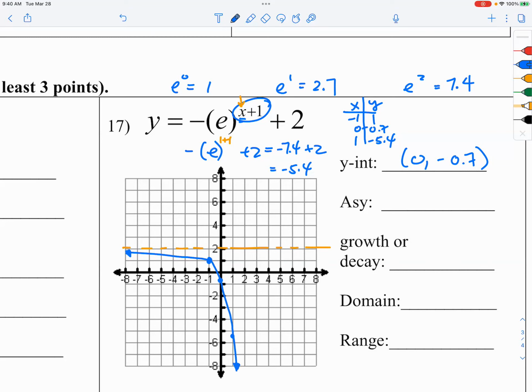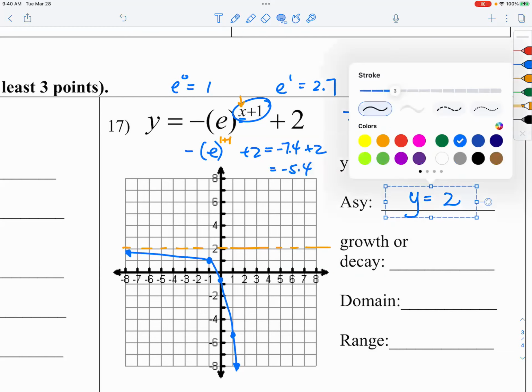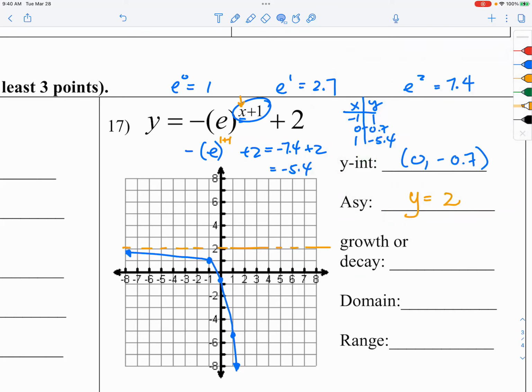Okay, the graph has to approach towards the asymptote. If not, it will be pretty ugly. Okay, so the asymptote is y equals to 2. Let me go ahead and color code this to orange so they can see the color pairing.